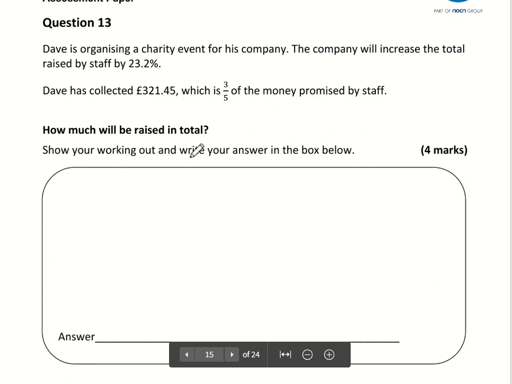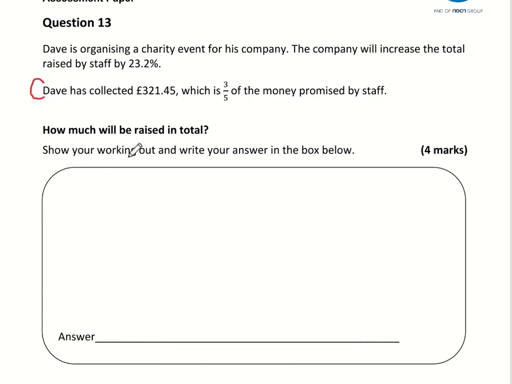Okay, so what we need to focus on first of all is that 3/5 is 321.45. So what is 5/5 when 3/5 is 321.45? Well, what I'm going to do is work out what 1/5 is. Now 1/5 is 3 times less than 3/5.